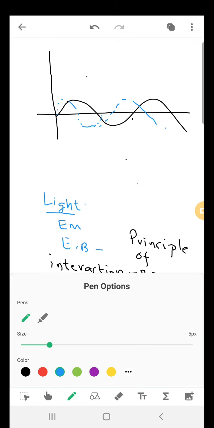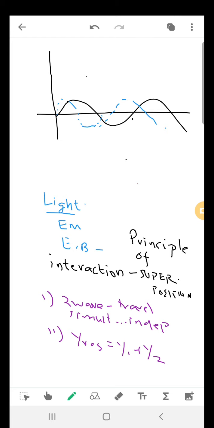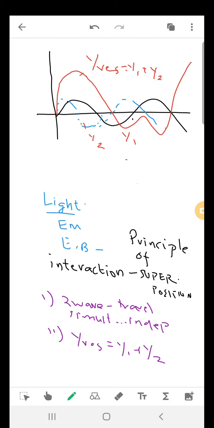This stands for y1 and this stands for y2. The resultant wave will have a shape like this. So this is y resultant, and it is equal to y1 plus y2.